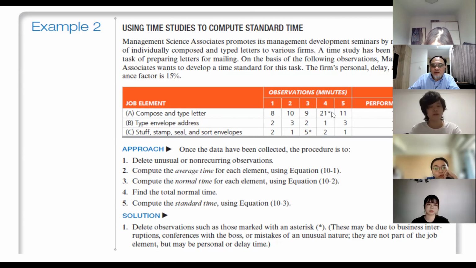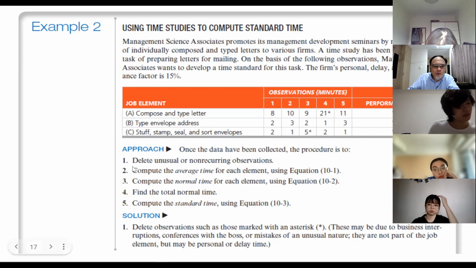If you see the asterisk here, delete observations such as those with asterisks, because 8, 10, 9, 21 is abnormal compared to all the other readings. That's why it's being removed, because you don't want to take the average time based on abnormal data. So you want to remove that.